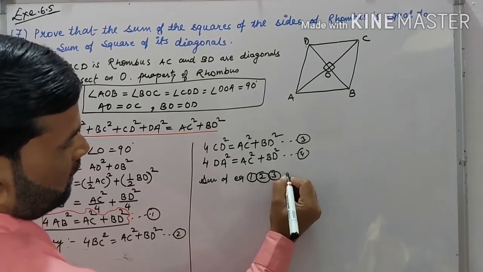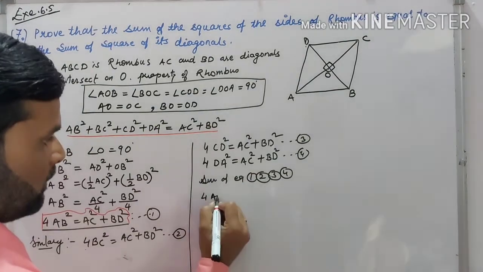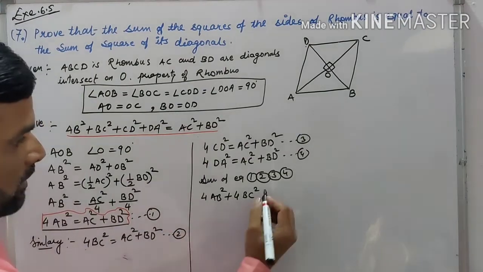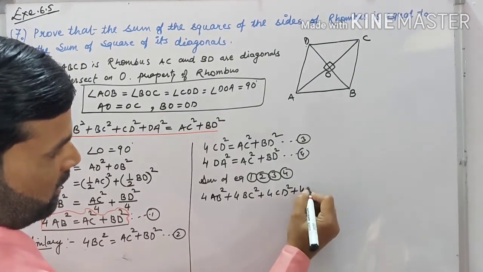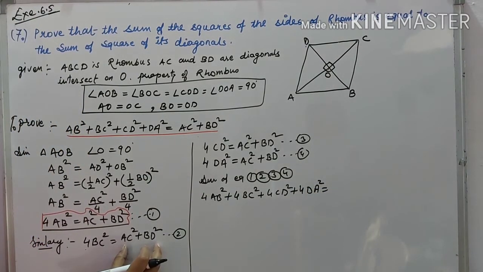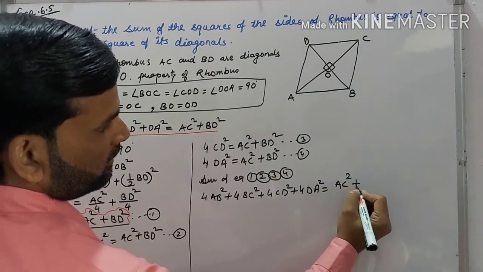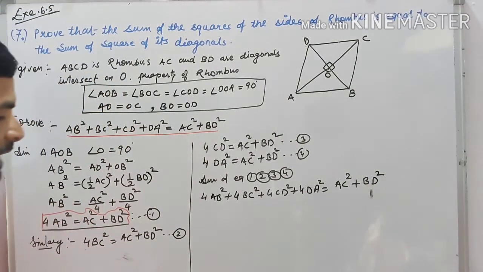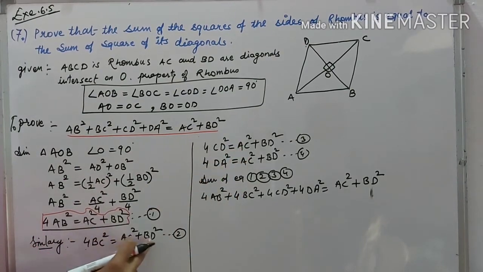Now the sum of equations 1, 2, 3 and 4. The sum is, left hand side, 4AB square plus 4BC square plus 4CD square plus 4DA square. And right hand side is AC square plus BD square, how many times? AC, 1, 2, 3, 4. BD, 1, 2, 3, 4.